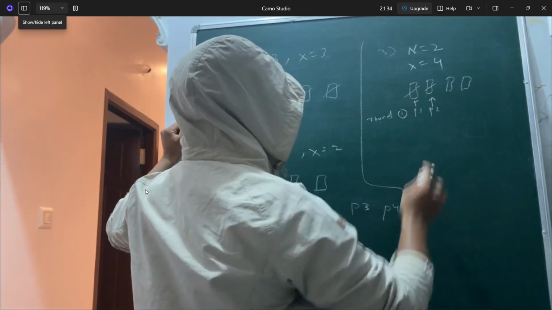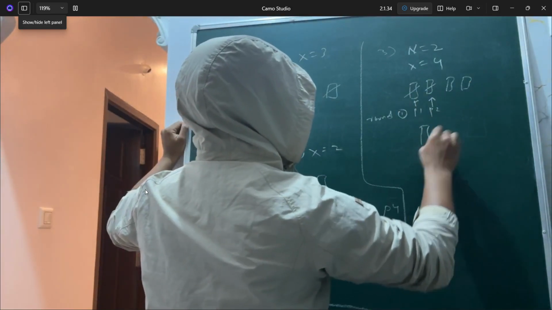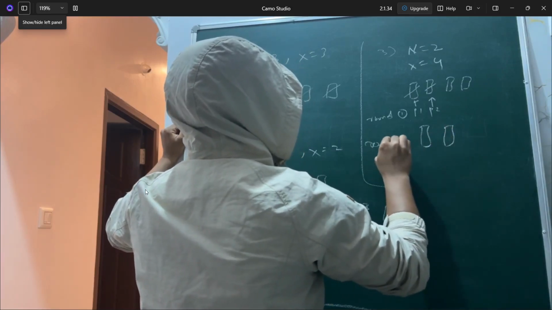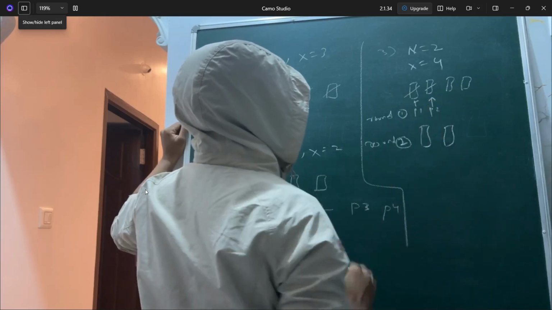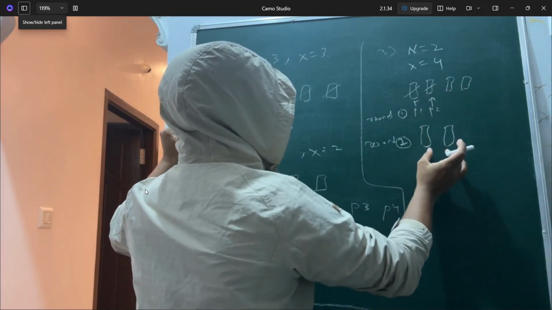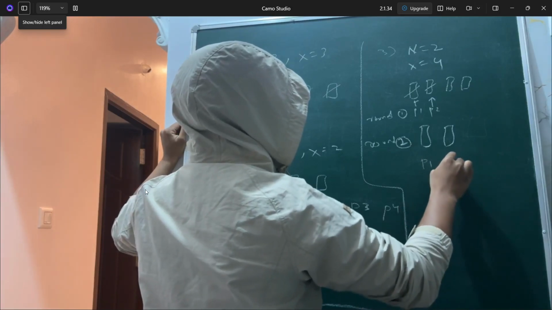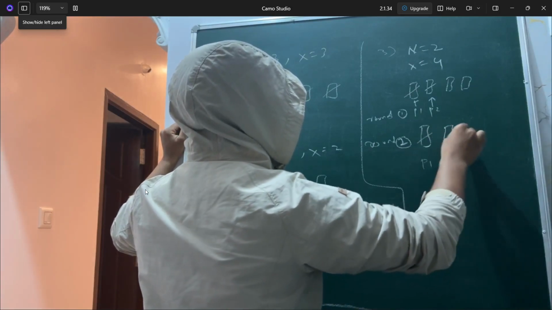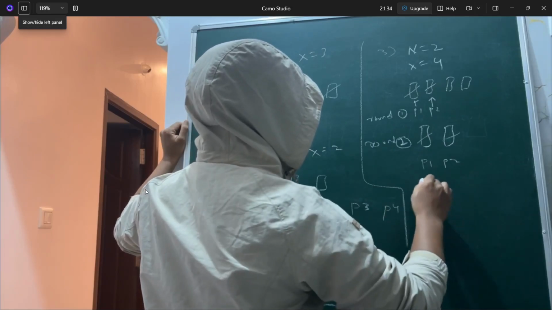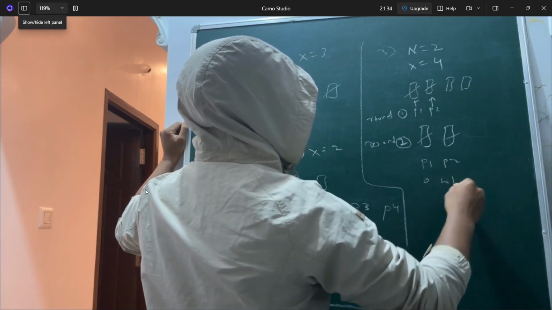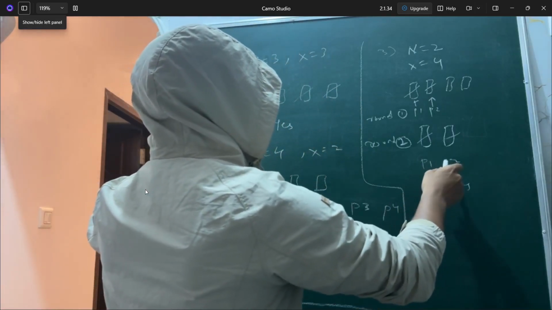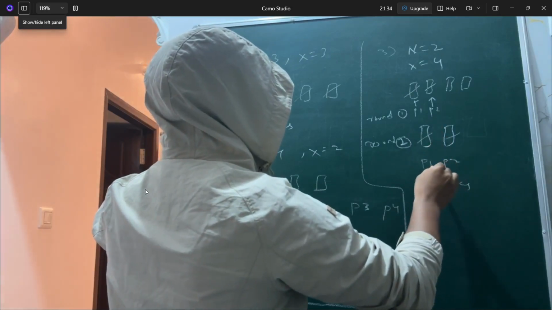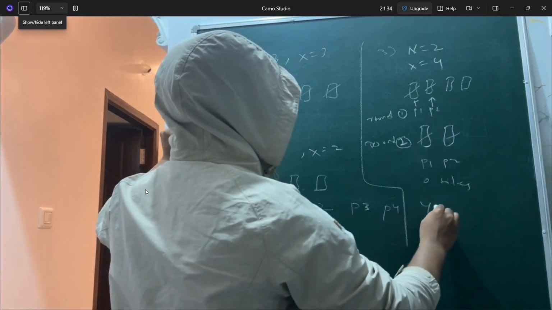Okay, so now 2 tiles are remaining. Now in round 2, p1 and p2 will take these 2 tiles, so this will go away, and at the end there are 0 tiles, and in each round both the people got the tiles. So in this case we'll have to return yes.